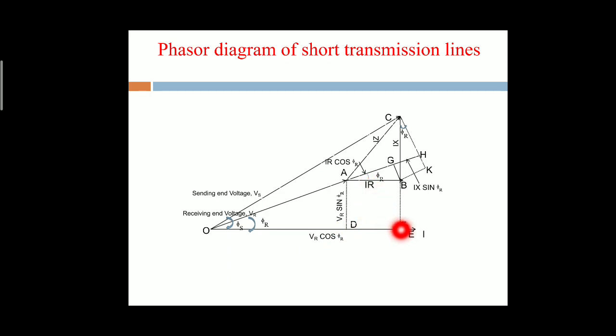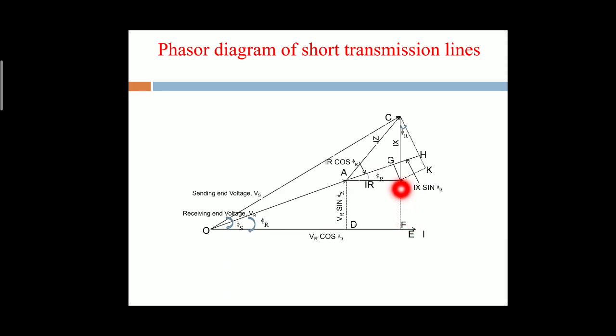Next, coming to FC. FC is also written as FB plus BC. The length of FB is equal to AD, which is also notated as VR sin phi r.